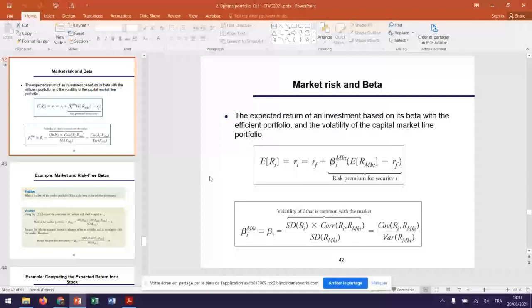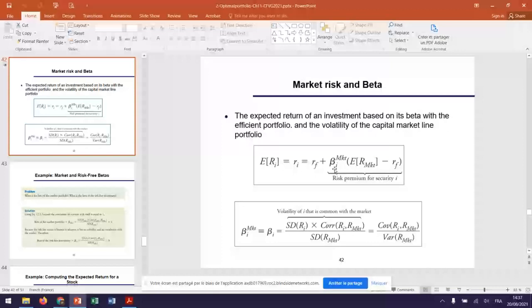So the cost of equity capital, or required rate of return of holding stock i, should be equal to Rf, the risk-free rate, plus the risk premium for security i. How do we compute the risk premium? We say that the risk premium for stock i should depend on the level of market risk, not the total risk, not the volatility, only the market risk that we measure in the form of beta.